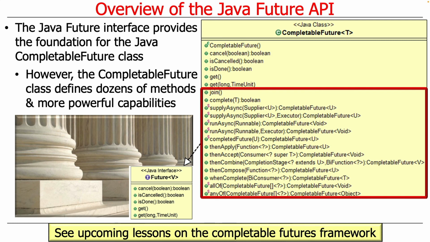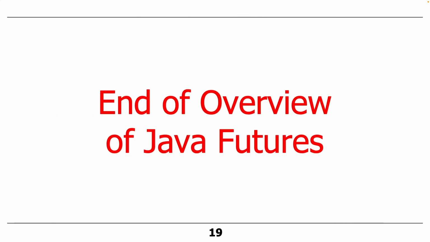However, and this is the key thing, the CompletableFuture class defines dozens and dozens of more methods that do more powerful things than you get out of the box with futures. And that, of course, is what we're going to talk about here next. So that's just a quick overview of Java Futures and the Java Futures API, and give you a little analogy to everyday human-known uses of these concepts.